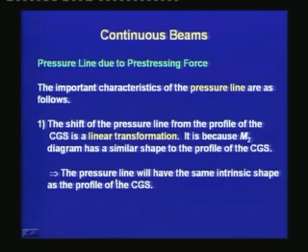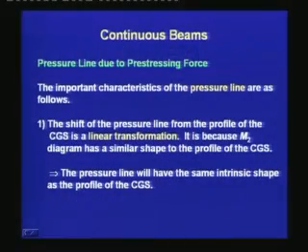The important characteristics of the pressure line are as follows. The shift of the pressure line from the profile of the CGS is a linear transformation. It is because the M2 diagram has a similar shape to the profile of the CGS. What we had earlier seen was that the M2 diagram has a similar variation as the profile of the CGS, and since the pressure line is calculated from the relationship EC is equal to M2 divided by PE, the pressure line has a similar shape as that of the M2 diagram.